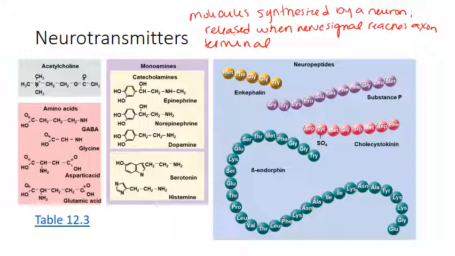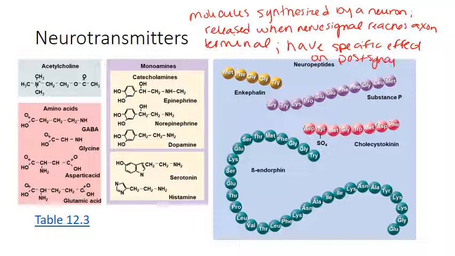Then they are going to traverse that synaptic cleft, go across that synaptic cleft, and have a specific effect on our postsynaptic cell. So each of these neurotransmitters does something specific and actually changes the physiology of the postsynaptic cell.